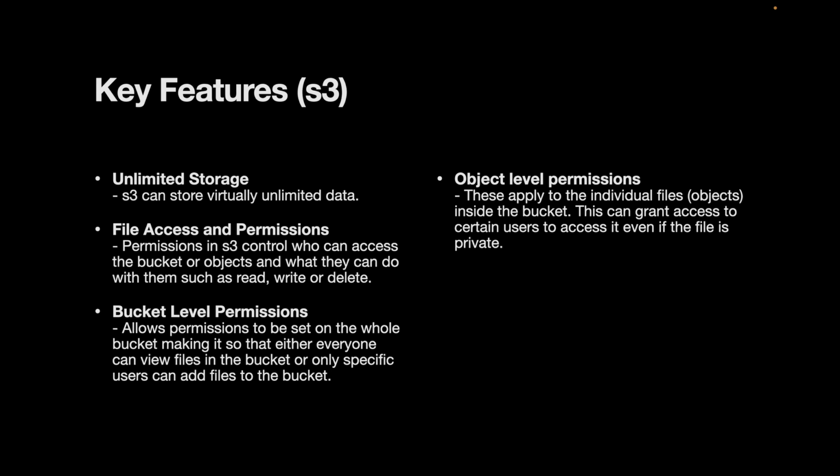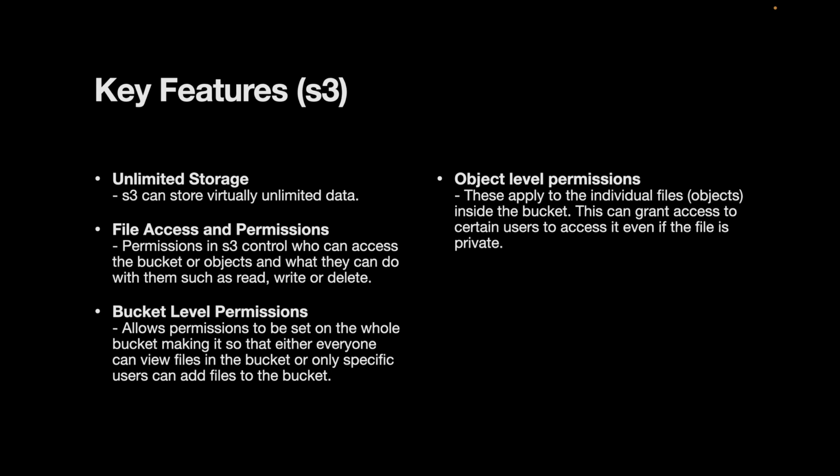Bucket level permission is something we kind of just went over. It allows permission to be set on the whole bucket, making it so that either everyone can view the files in the bucket or only specific users can add files to the bucket. Think of the bucket as a folder, like I said. You can have it as a private folder or a public folder. If it's a public folder, then anyone can access, add, delete, or whatever, as long as it's specified within the list of permissions given.